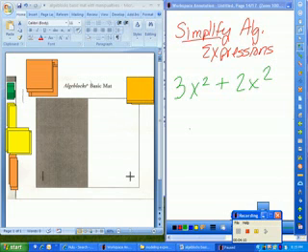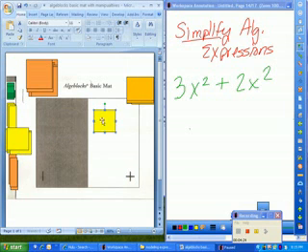Let's try another example. So 3x squared plus 2x squared. We're going to simplify it. So remember from previous days that this is an x squared. This represents x squared because it's got the dimensions of x long by x wide, so it's x squared.